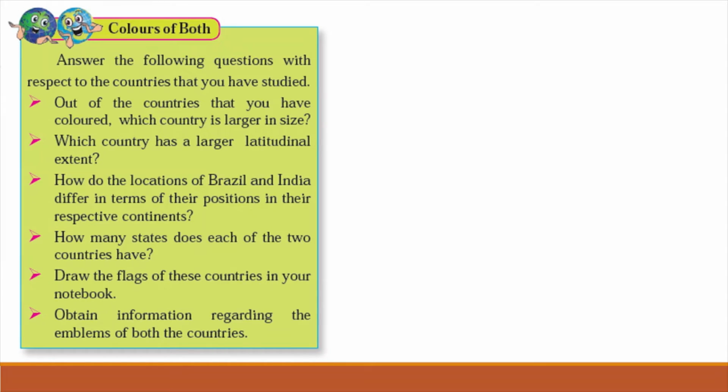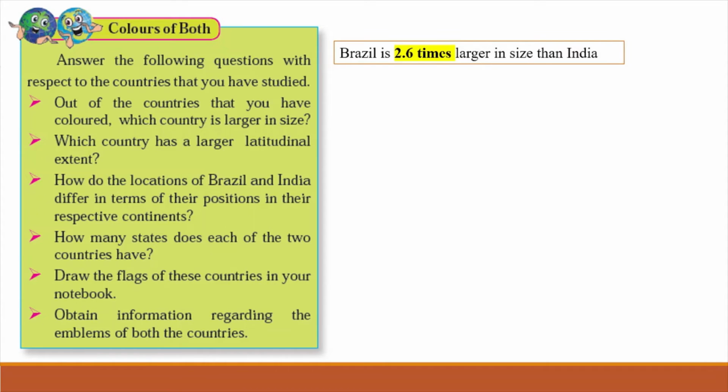These are a few questions in your textbook. The first one is: out of the countries that you have colored, which country is larger in size? Compared to Brazil and India, Brazil is 2.6 times of India.